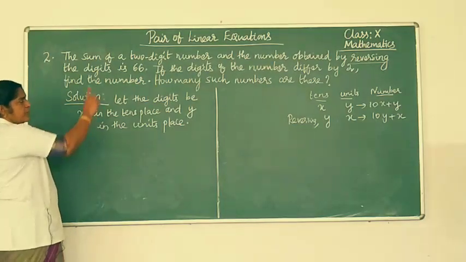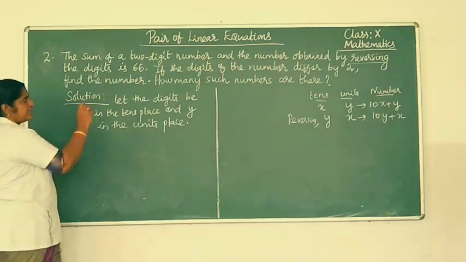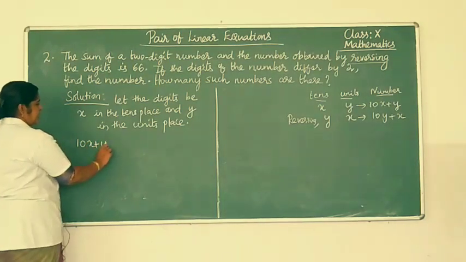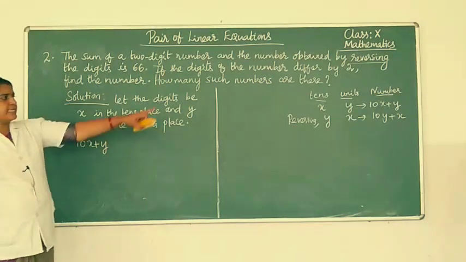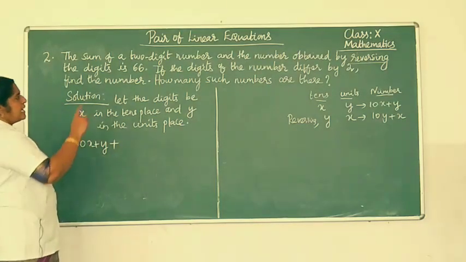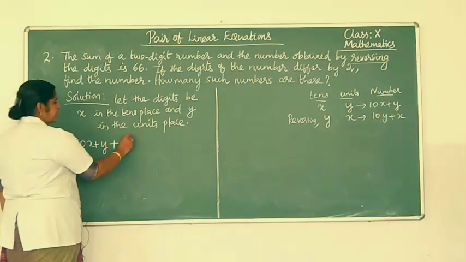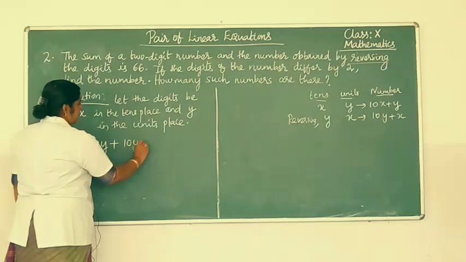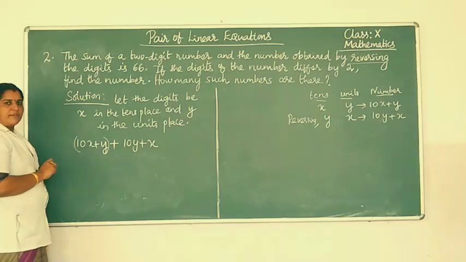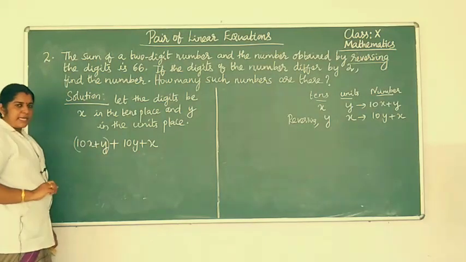Now what is the equation according to the first sentence? The sum of the two digit number, that is 10x plus y is our first number, plus reversing the digits. Reversing the digits, what we got? 10y plus x. So this is our first number, and when we reversed, it becomes 10y plus x.